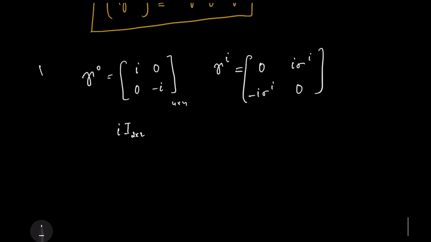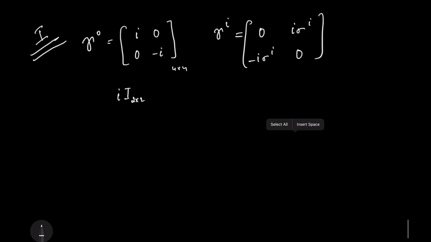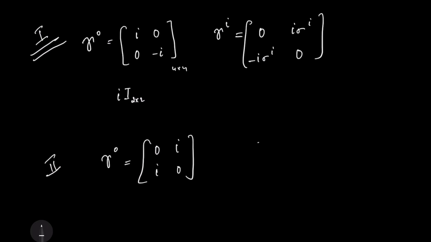This is corresponding to the solution number 1, and corresponding to the solution number 2, I can have gamma 0 is I 0 and gamma I is equal to 0 minus I sigma I, sigma I 0.